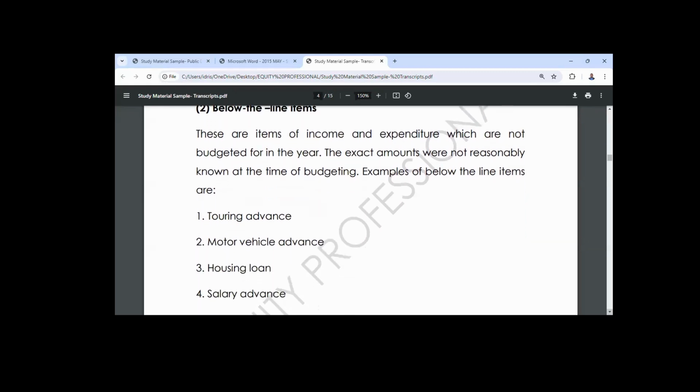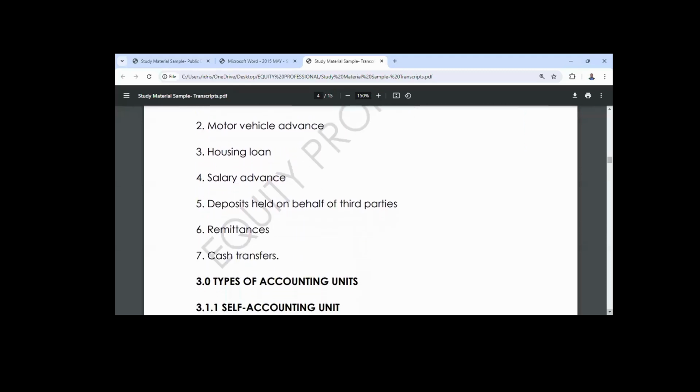Example: touring advance, motor vehicle advance, housing loan, salary advance, deposit held on behalf of third parties, remittances, cash transfer.